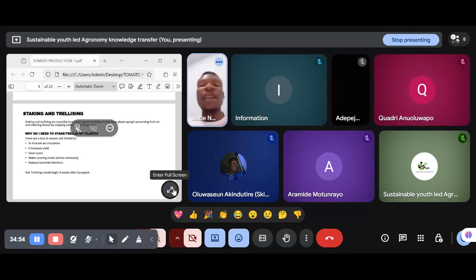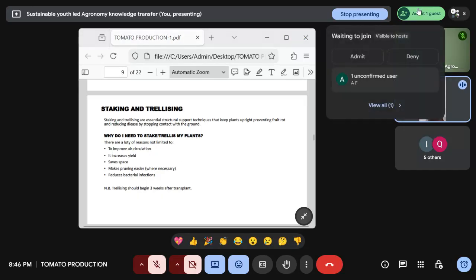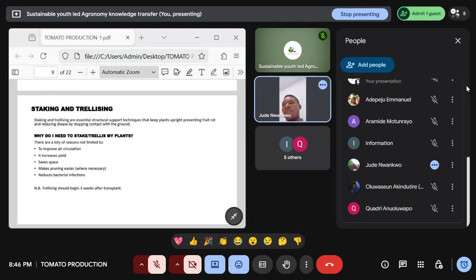Even if it doesn't rot, a lot of things can happen to it. It also reduces disease by stopping contact with the ground. If you're unable to properly stake or trellis your plant to keep it upright, you are simply showing them where to go. They should just be going up and not crawling.